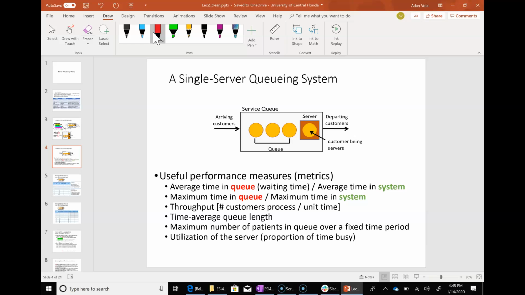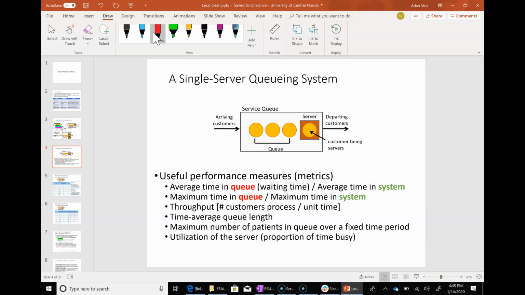There are a bunch of properties that we might be interested in related to the performance of this queuing system. One is, how long do people wait in line on average? What is the maximum time they wait in line? Or maybe what is the maximum time in the system? When we talk about the time in the system, we're talking about the time they spend in line, and then the amount of time they spend being processed.